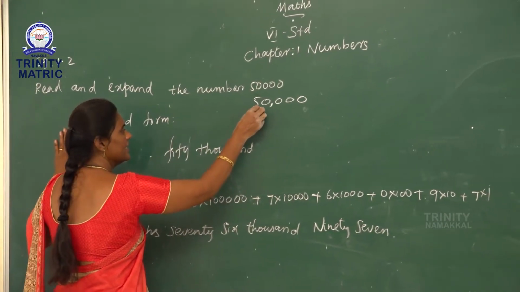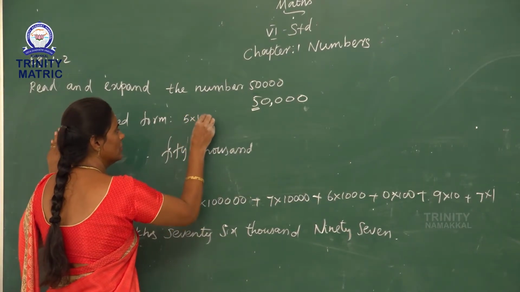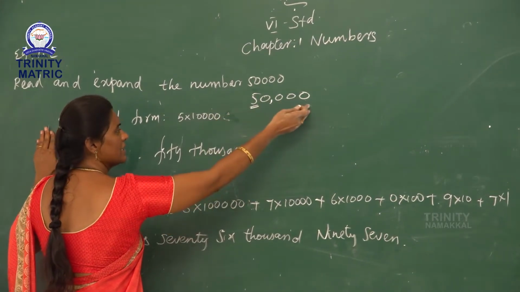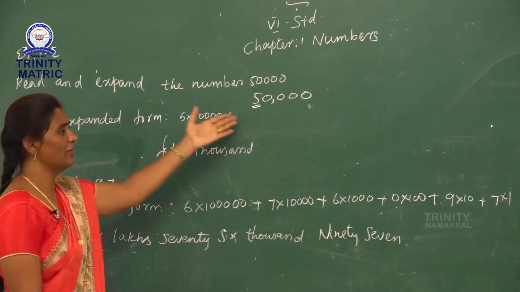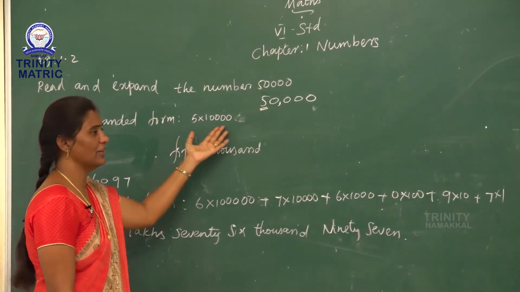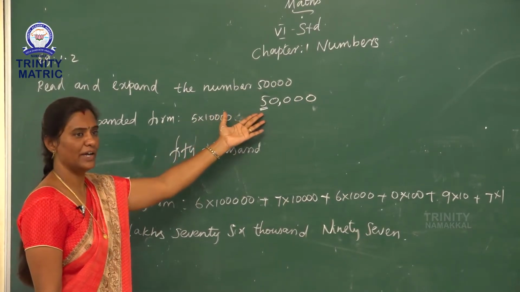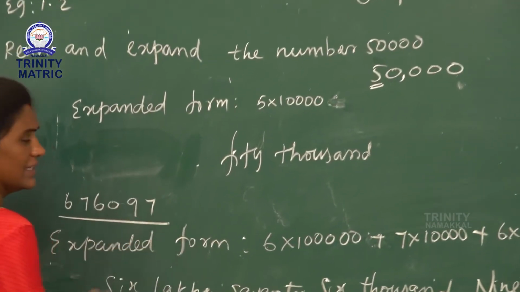Here 5 is in the place of 10,000. So we write 5 into 10,000, plus the remaining numbers are 0, so you just leave it. Here the expanded form of 50,000 is 5 into 10,000. See how to read this number? 50,000.